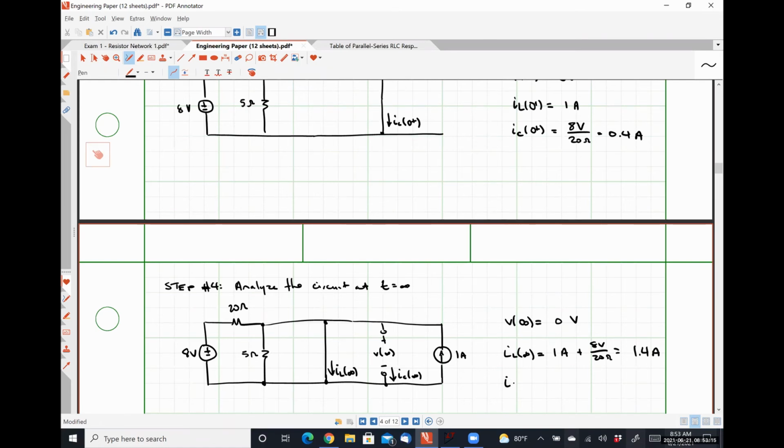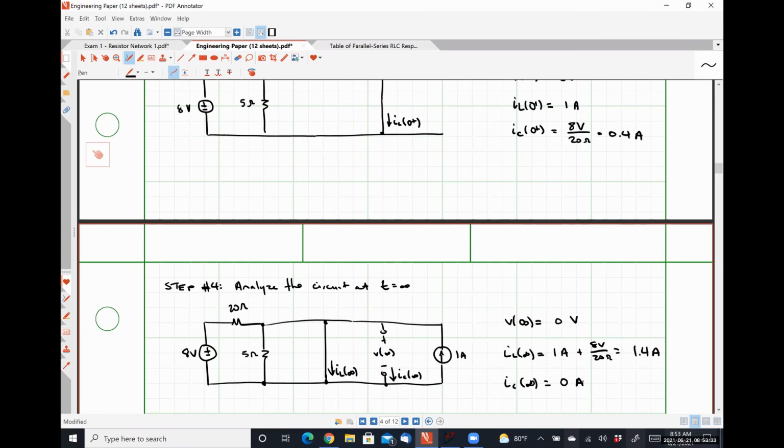Lastly, my capacitor current is going to be 0, because no current can flow through the open circuit. So we have completed our circuit analysis at t is equal to infinity.